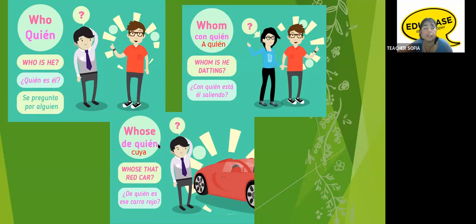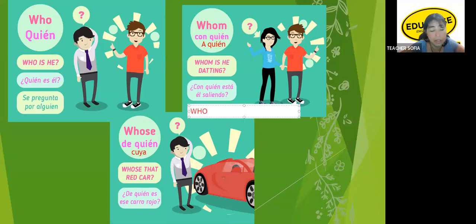So in this case, we have another similar but different meaning. And the form that we use is whose car is that, to ask about possession.